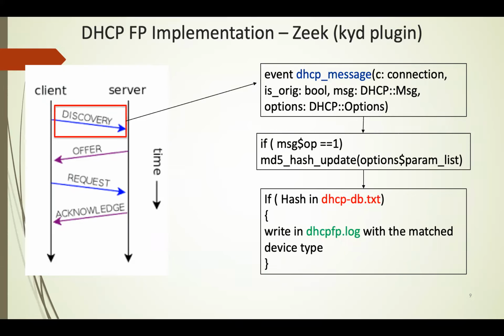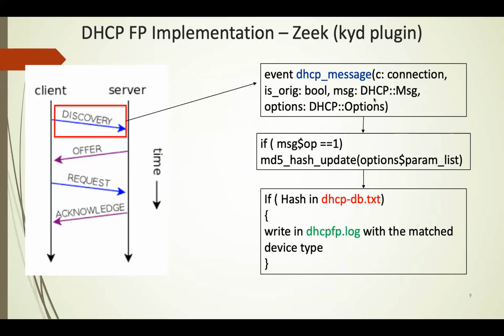You can handle that event in your script, and whatever information is extracted by Zeek from that packet is passed to that event. All these fields, the connection, is_orig, msg, and options, are automatically parsed data that Zeek parsed for you and gives back to you in the form of an event that you can handle. The message contains the DHCP message parsed data. Options contain all the options that are available in that DHCP message packet.